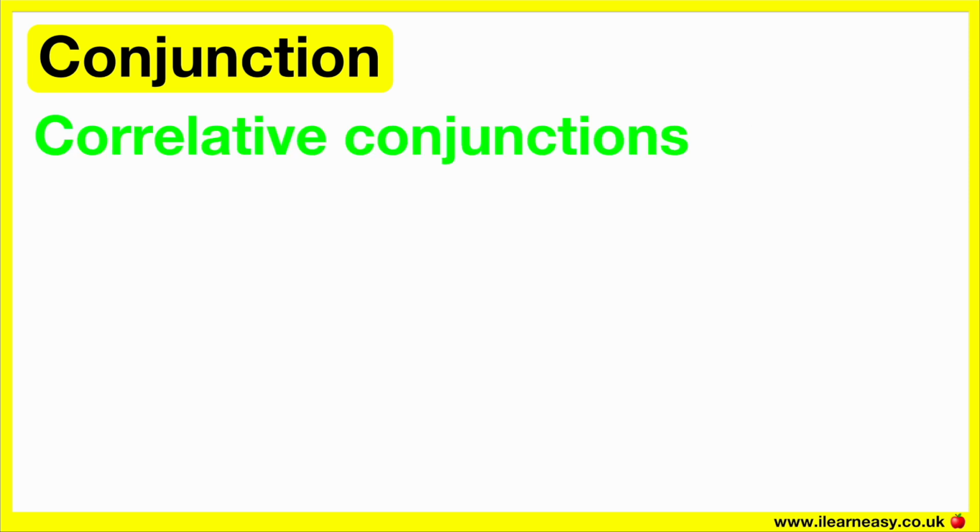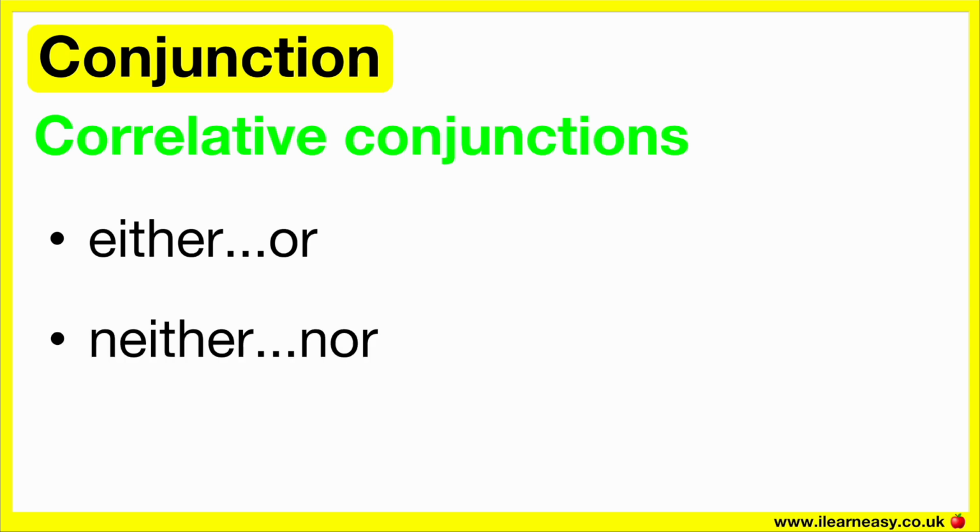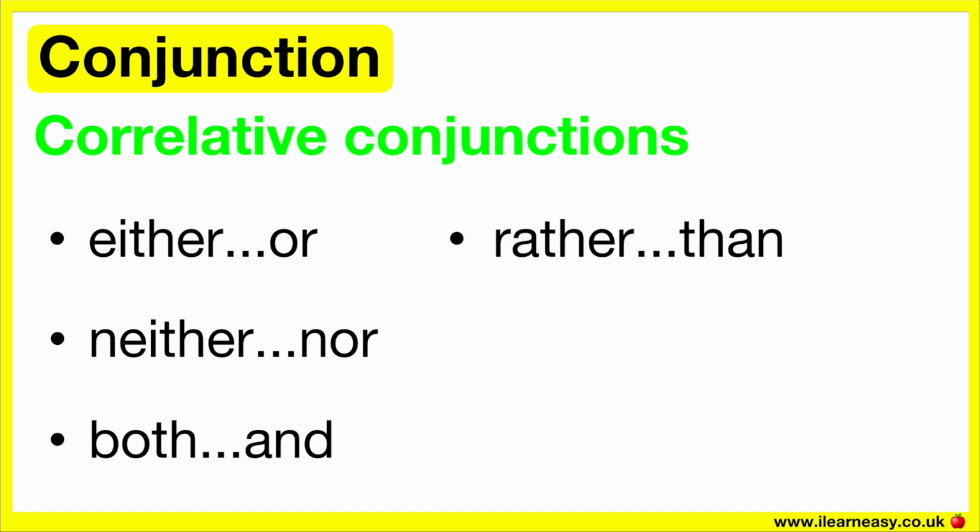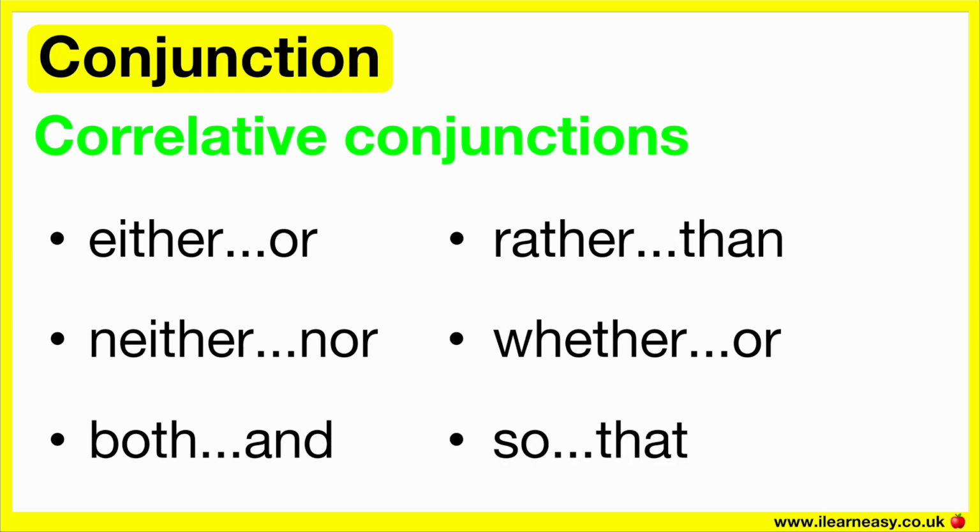Correlative conjunctions are pairs of conjunctions that work together. Some examples of correlative conjunctions are either...or, neither...nor, both...and, rather...than, whether...or, so...that, and many more.